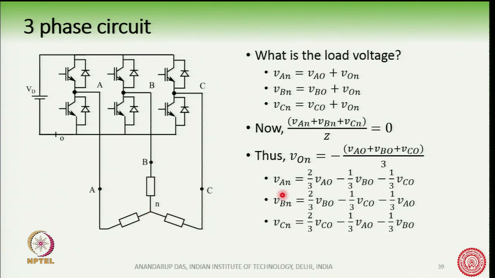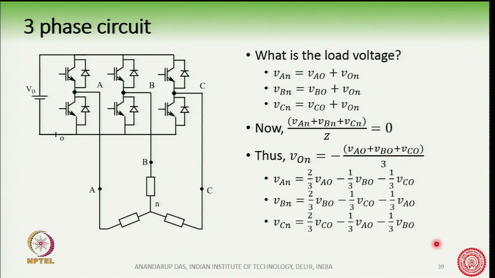So, we can also find out the instantaneous voltage expressions of these phases A, B and C. By substituting VON here and VAO, we can see that VAN is 2/3 VAO minus 1/3 VBO minus 1/3 VCO.